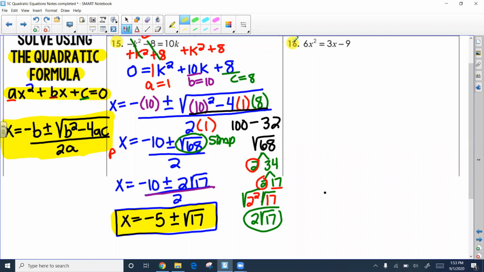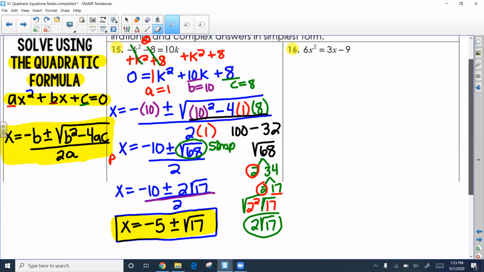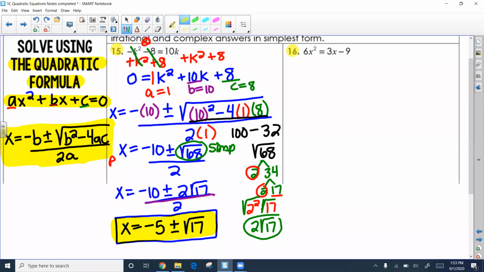All right, we're going to solve this with the quadratic formula as well. Again, it doesn't really matter which side you get equal to 0.